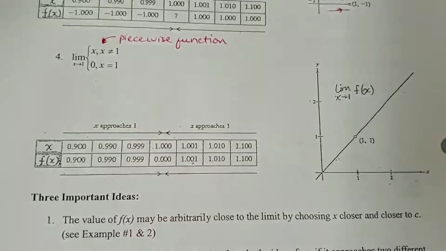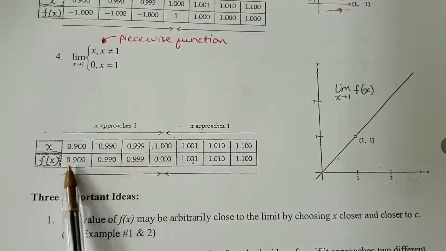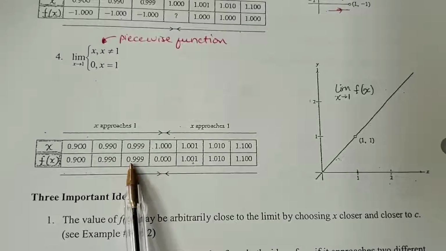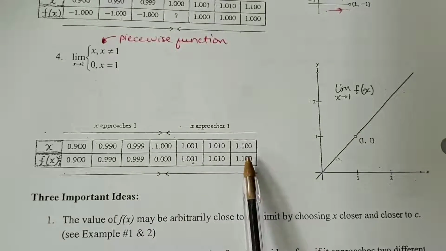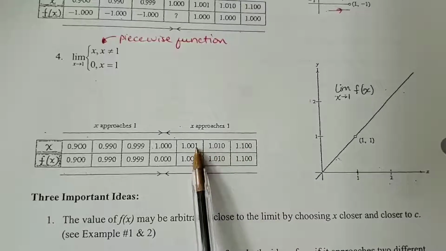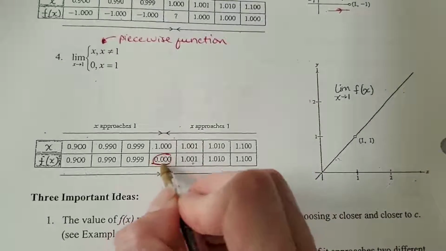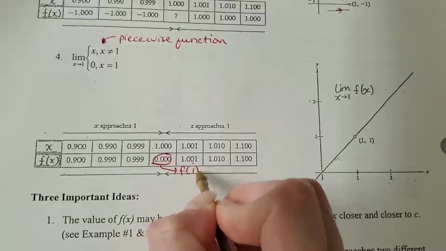Okay? If we look at the table here, as x gets closer and closer to 1, this looks like it's getting closer and closer to 1. And if I check it from the right-hand side, as we get closer to 1, this is also getting closer to 1. Okay? Notice this is f of 1 equals 0.